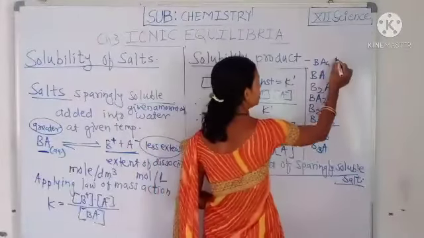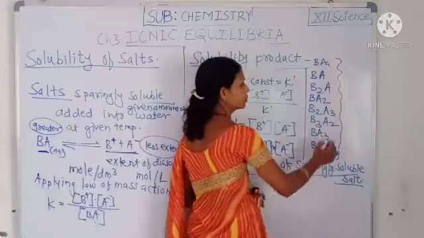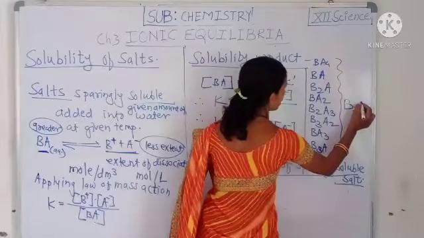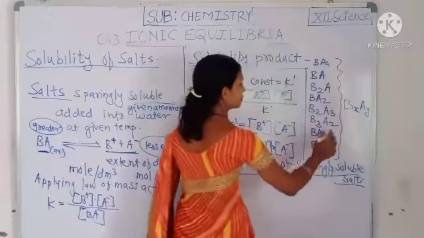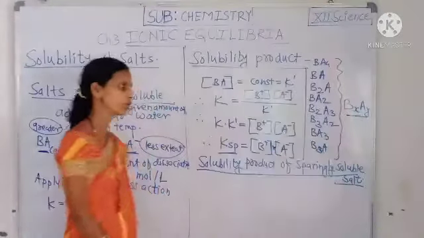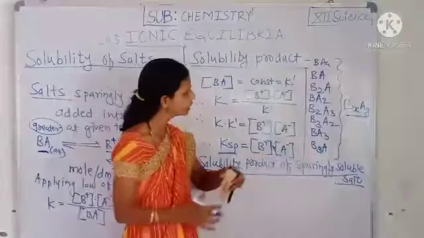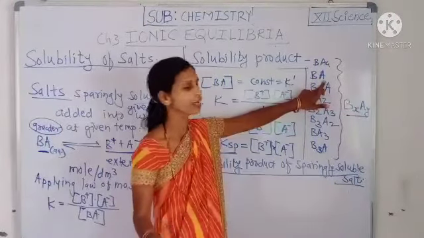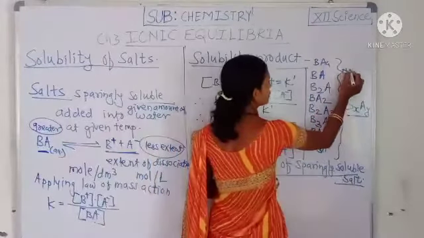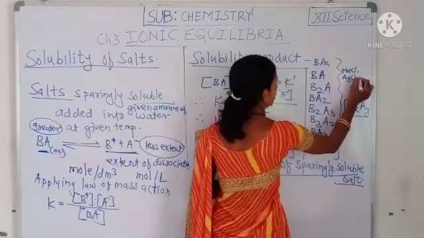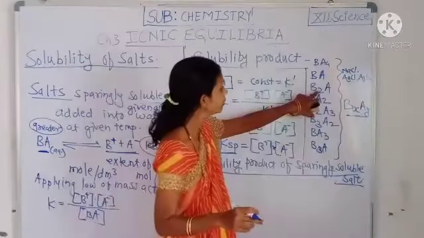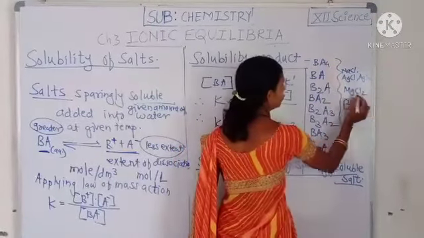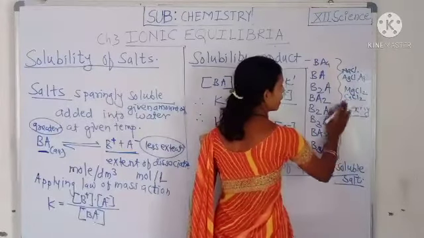Generally, for all these types of salt we can write the general formula, that is BxAy. For example, BA type salts are NaCl, KCl, AgCl, AgBr. BA2 type salts are MgCl2, CaCl2.